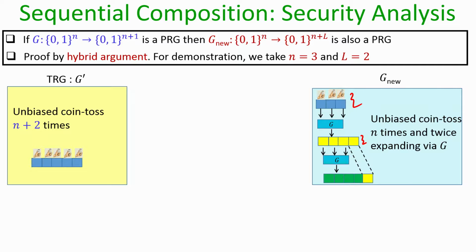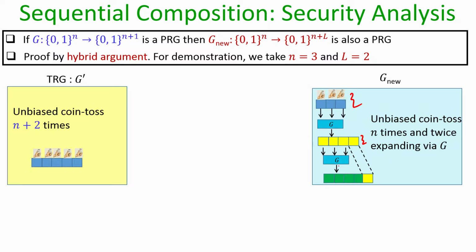Now, we take one output bit to be part of the overall output of the algorithm G nu, and the remaining 3 bits are used as the seed for the next invocation of G. In this pictorial representation I am doing it the other way around: I set the last bit of the first invocation of G to be the overall last bit of the algorithm G nu, and the first 3 output bits of the first invocation of G are used as the seed for the next invocation of G. It does not make any difference here; you can use any representation for your convenience.